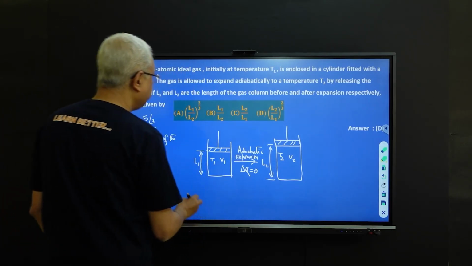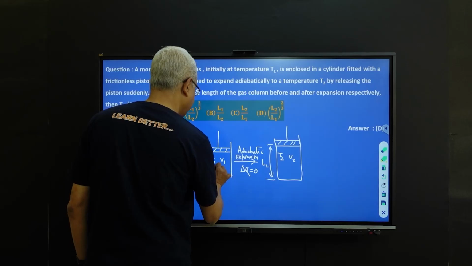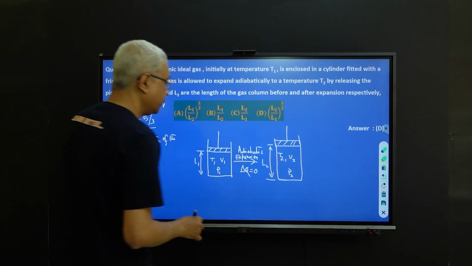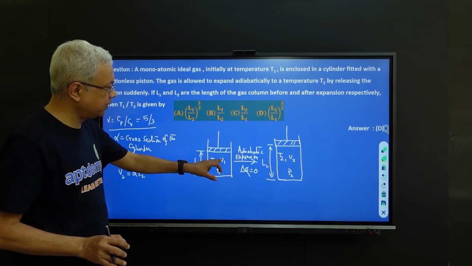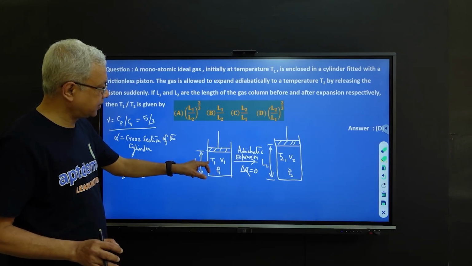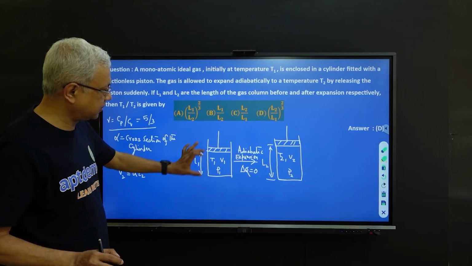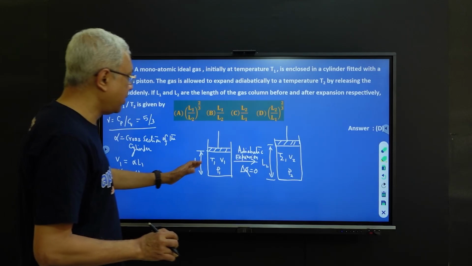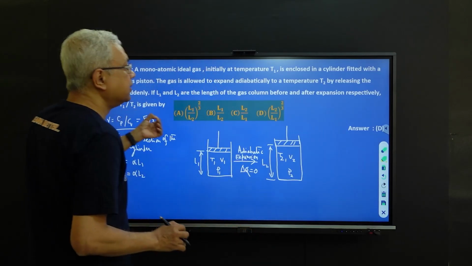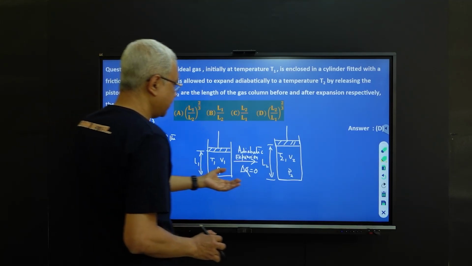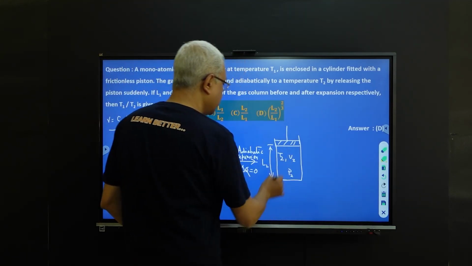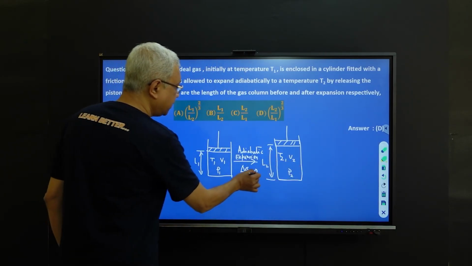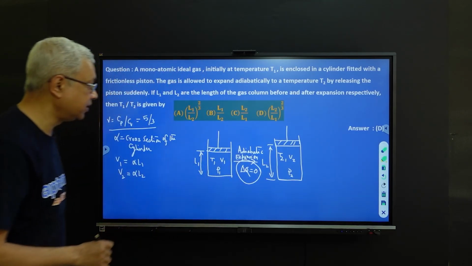Now let P1 be the pressure of the gas here and P2 be the pressure of the gas here. Initially the gas is at volume V1, P1 is the pressure, T1 is the temperature, L1 is the length of the gas column, and V1 and L1 are related by this equation. Now the piston is released suddenly and temperature becomes T2, volume becomes V2, P2 is the pressure, and since it is an adiabatic expansion, there is no exchange of heat between system and surrounding.